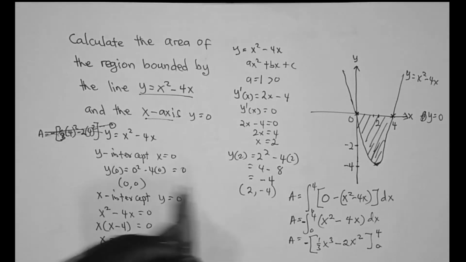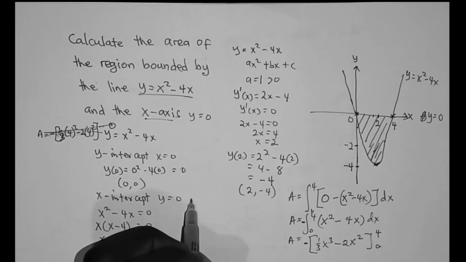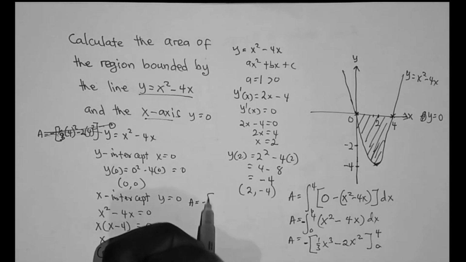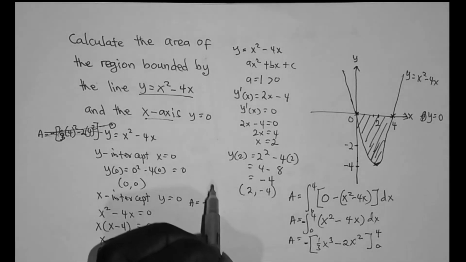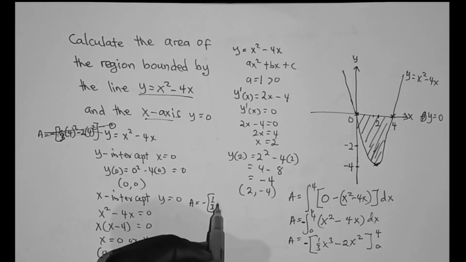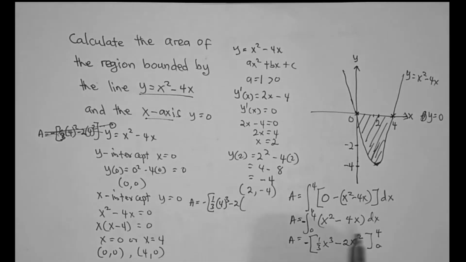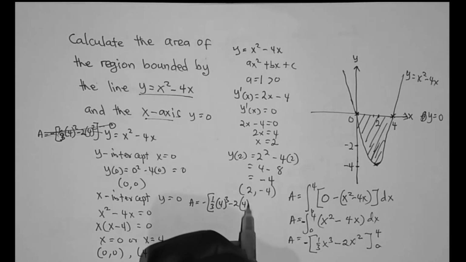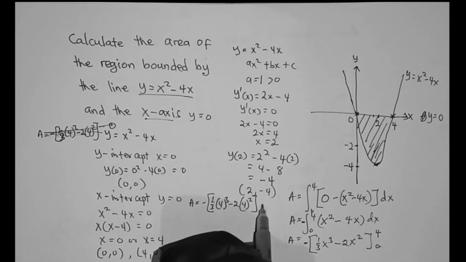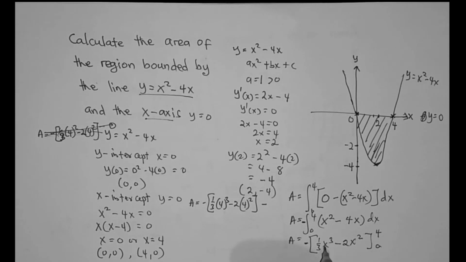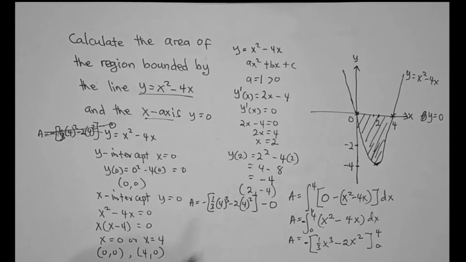So A is equal to minus, then we put in the upper limit, it becomes 1 over 3 times 4 exponent 3 minus 2 times 4 exponent 2, then minus, if we put in 0, everything here becomes 0, so minus 0.